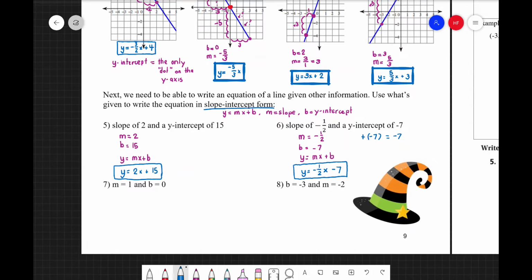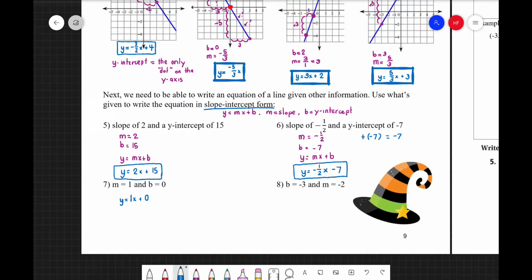Now on numbers 7 and 8, they're giving us the letters already. So we're going to jump straight into writing our equations. So we have m equals 1 and b equals 0. So y equals mx plus b means that I have y equals 1x plus 0. Do I need to write plus 0?